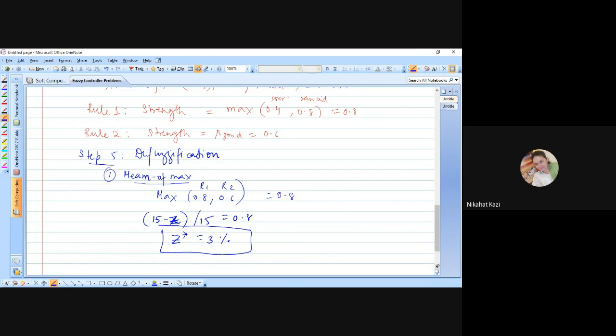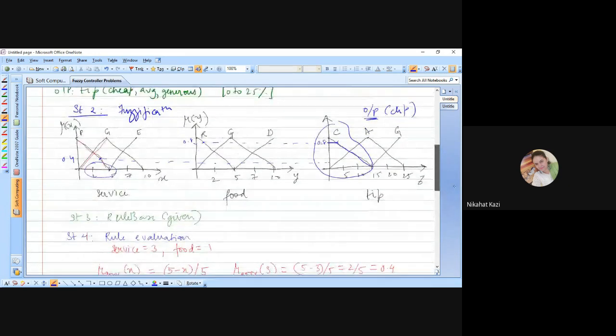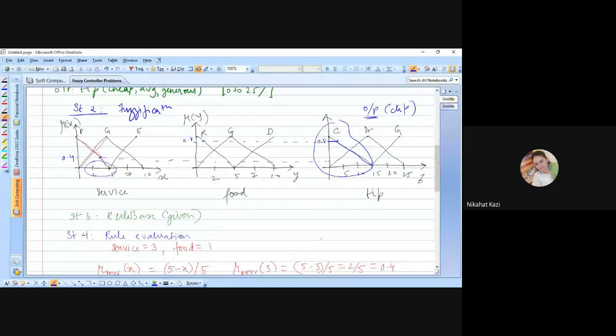Now how do you do it for the centroid method? You need to find the centroid of this area.